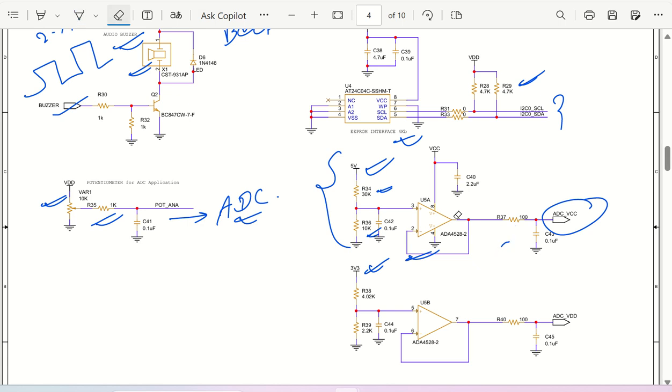Similar to that, the same functionality is done for 3.3 volt as well, and here it is going to be sent to ADC VDD. Either you can utilize the microcontroller ADC directly, or we have used one separate SPI ADC. That one will be used for these two ADC functionalities.